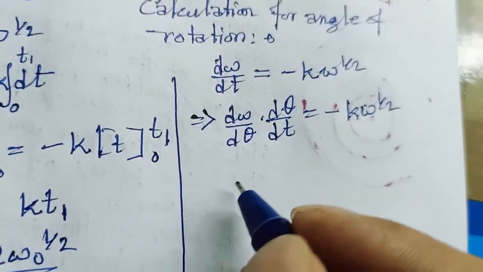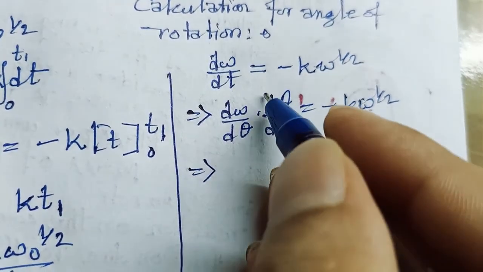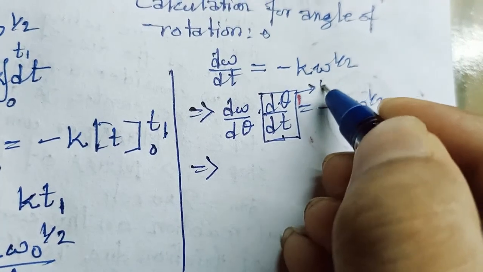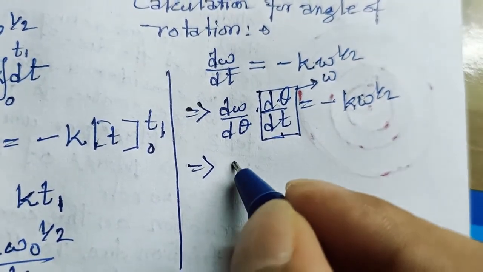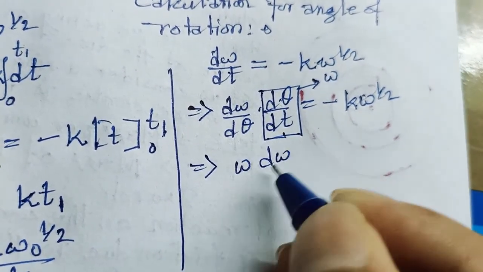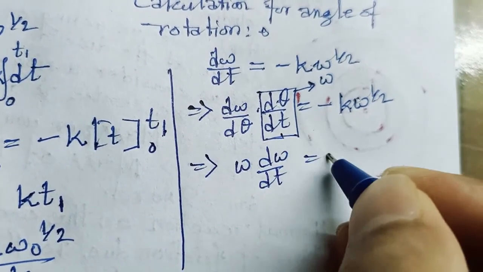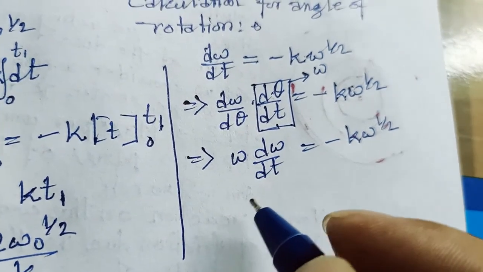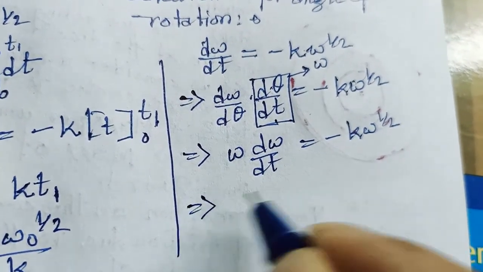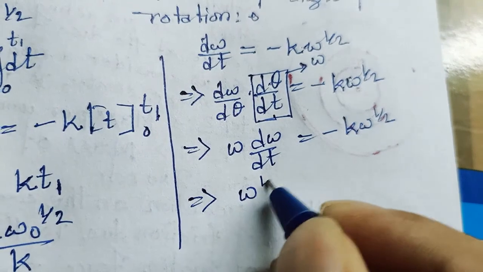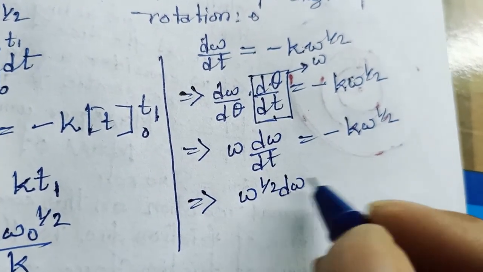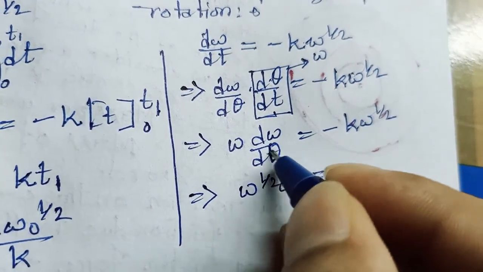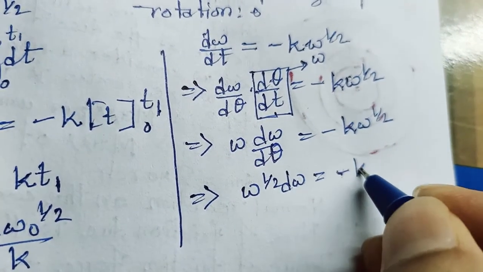So from this we can say d theta with respect to dt is nothing but omega, or angular velocity. So we can say omega d omega with respect to d theta is equal to minus k omega to the power half. Now our expression will become omega to the power half d omega is equal to minus k d theta.